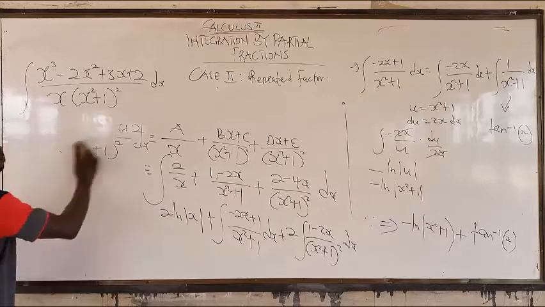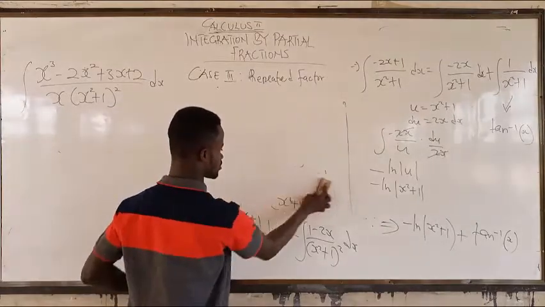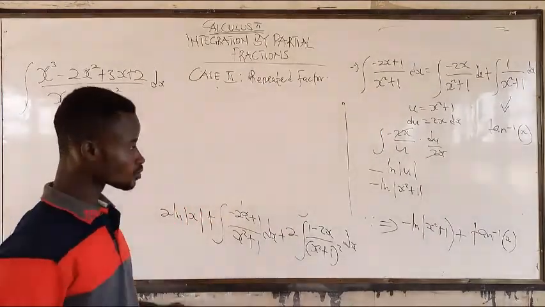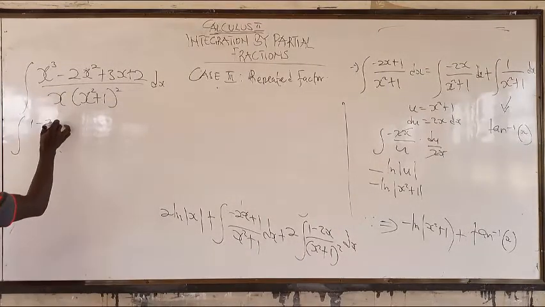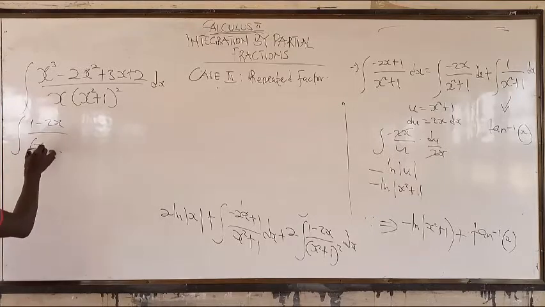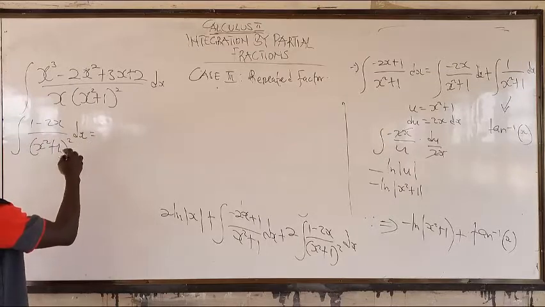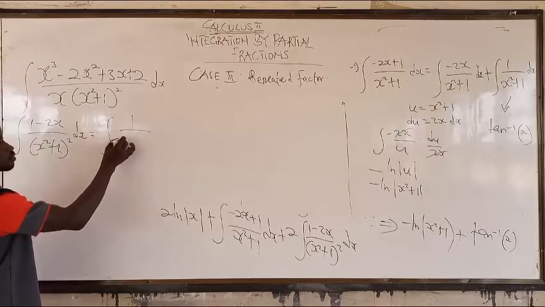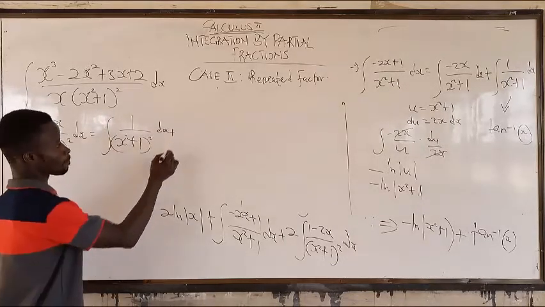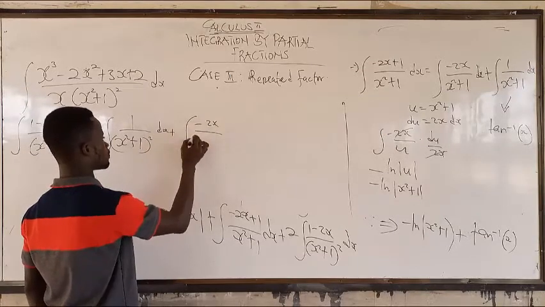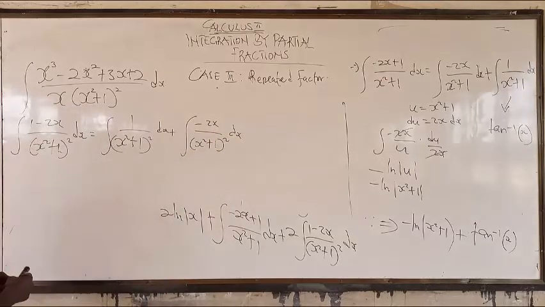So we have the integral of 1 minus 2s over s squared plus 1 squared ds.